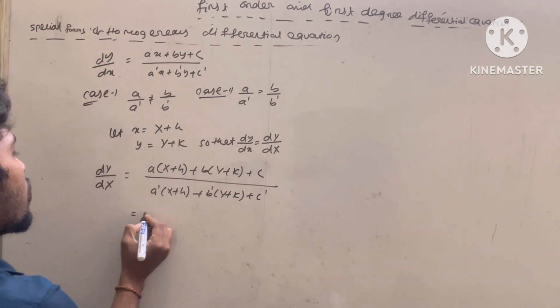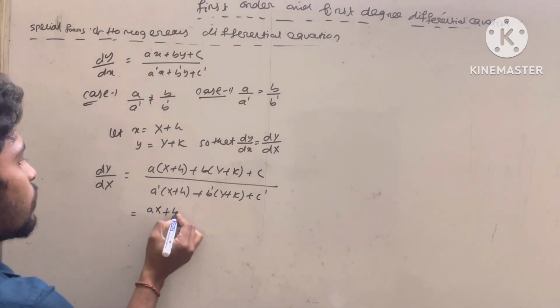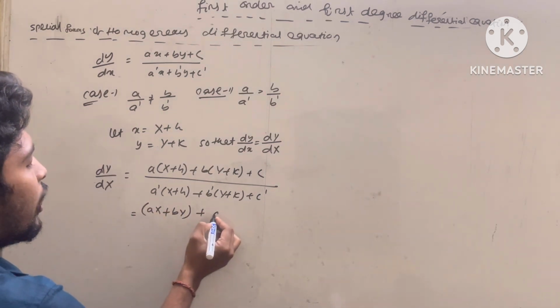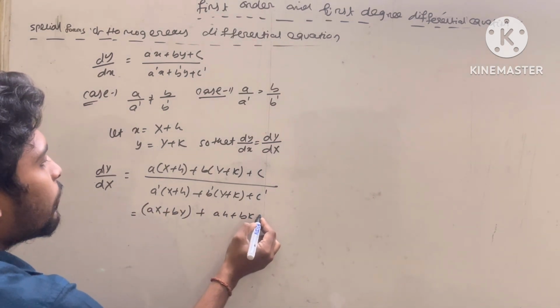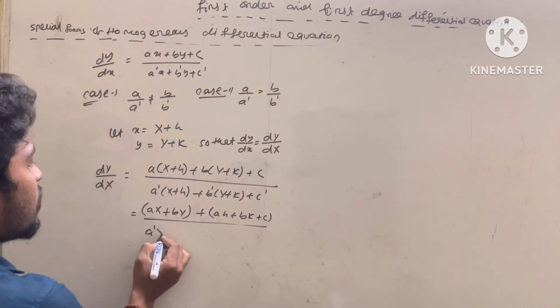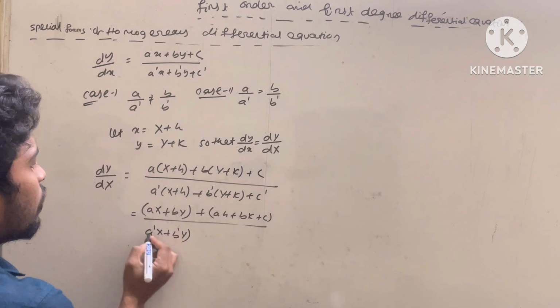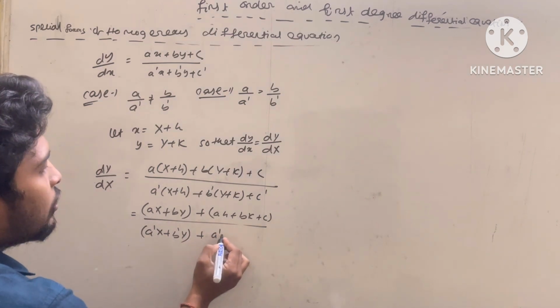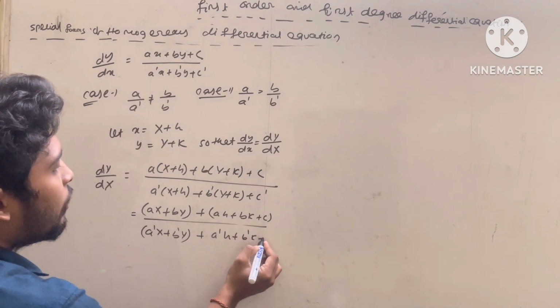So this becomes aX + bY + (ah + bk + c), and in the denominator a'X + b'Y + (a'h + b'k + c').